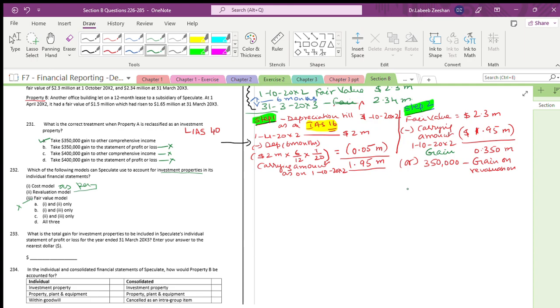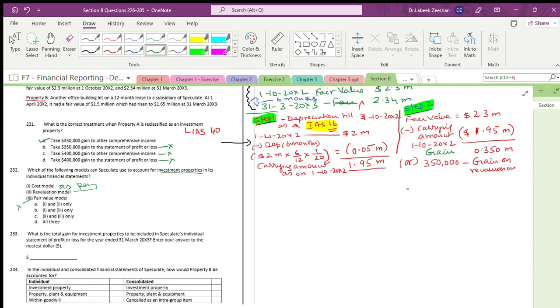When it is going to be disposed of, the condition says that in that situation only we have to evaluate it at that particular time. That is the basic rule that it states in IAS 40.